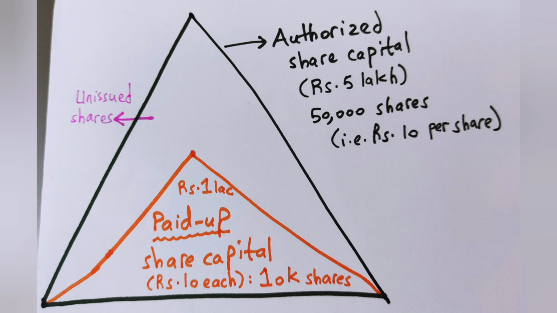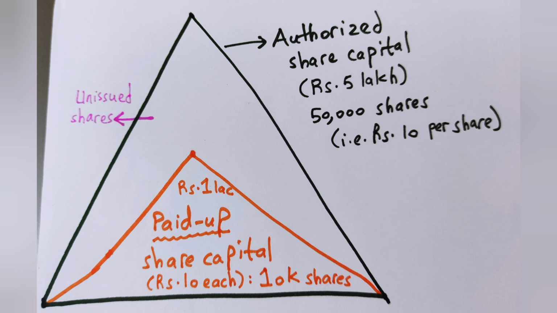And by the way, there's a process of how you go about doing this. You have to create a bank account in which you transfer the relevant amount of money that you are going to declare as your paid up share capital. So 1 lakh rupees goes into that bank account of the company. Obviously that account will not be in any of your own names, and that bank account is going to be representing who?